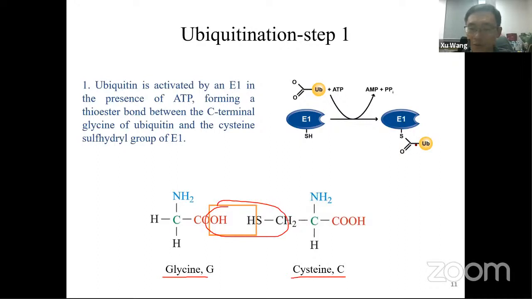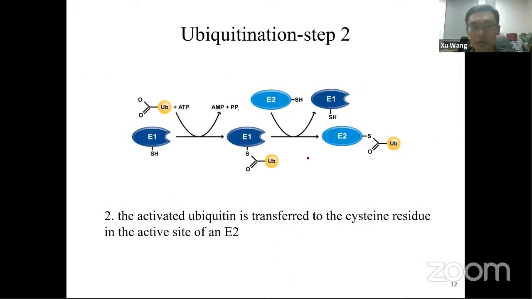Then ubiquitin is attached to the E1 like this. In the second step of ubiquitination, activated ubiquitin is transferred from E1 to an E2.